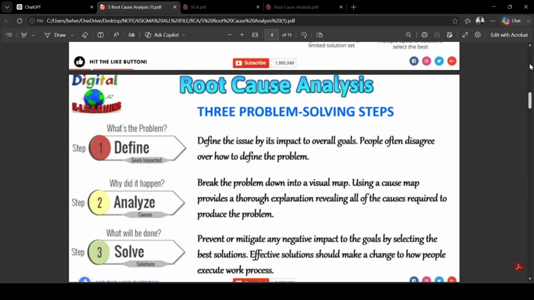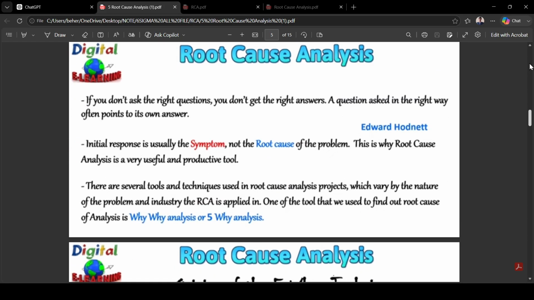A cause map provides a thorough explanation, revealing all the causes required to produce the problem. Then decide what will solve, prevent, or mitigate any negative impact on the goals by selecting the best solution. An effective solution should change how people execute the work process.